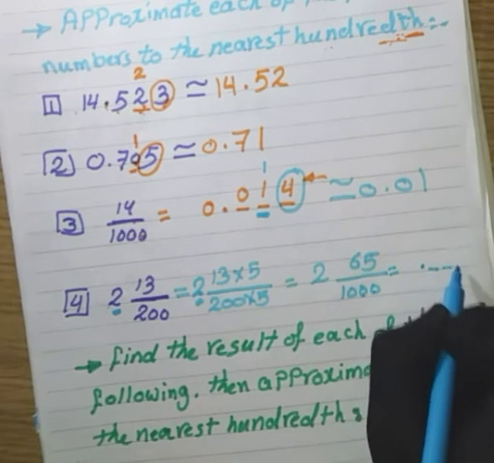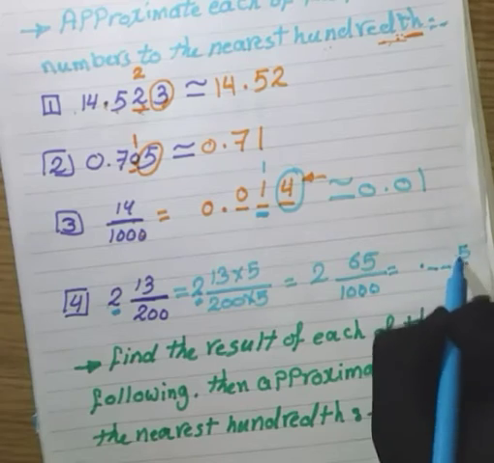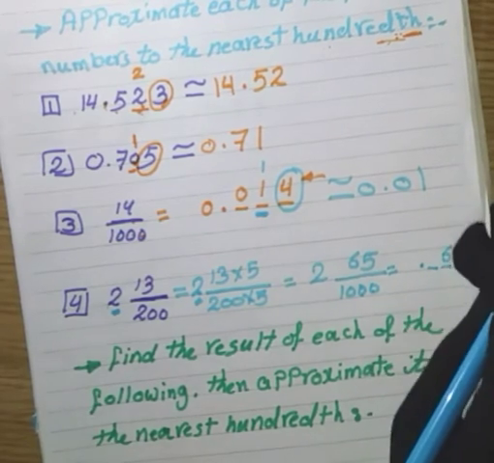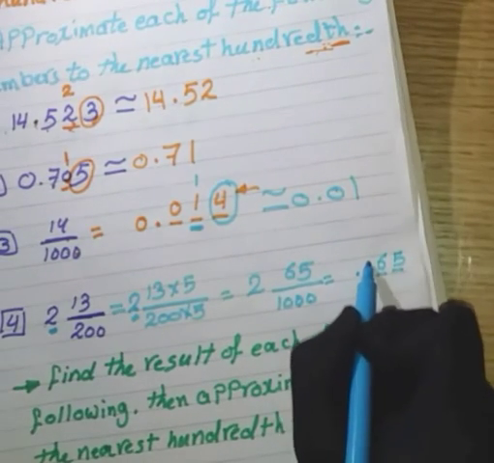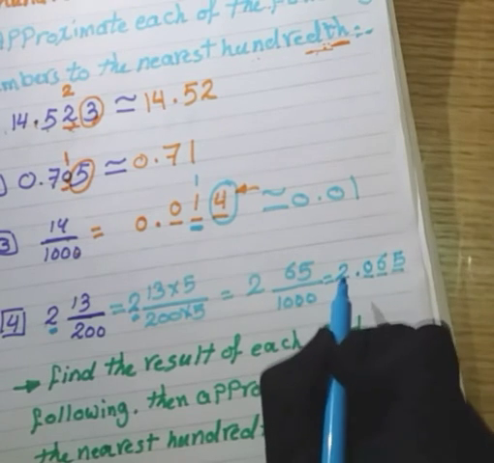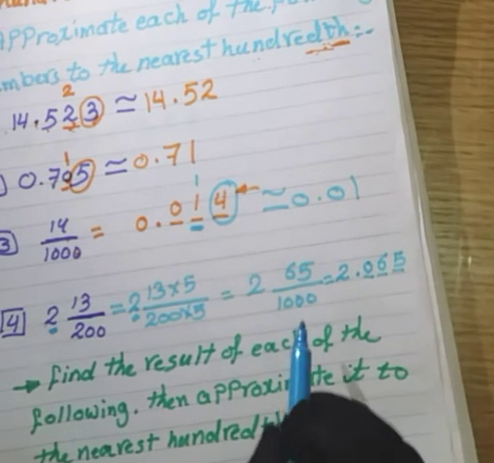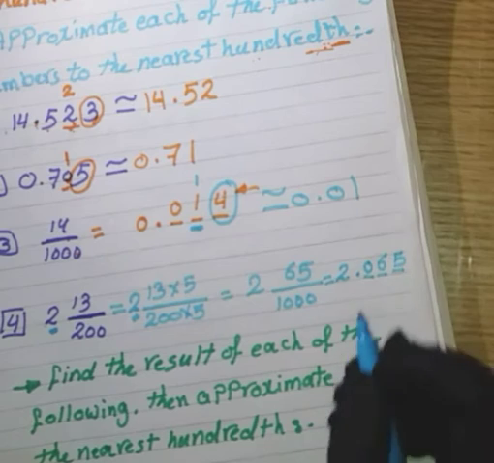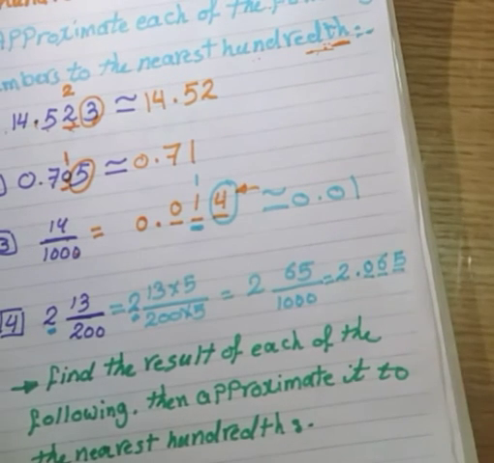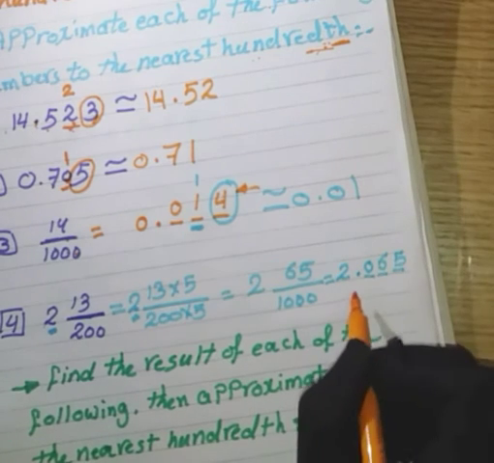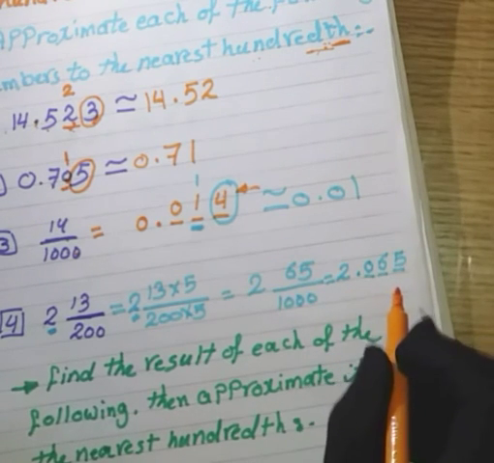3: 1, 2, 3, then 5 and 6. Here is 0 and 2 before the decimal point. After that, I want now to approximate this number to the nearest hundredth.